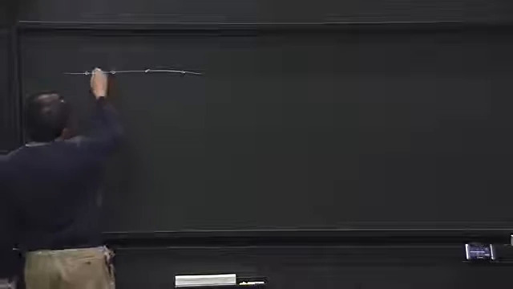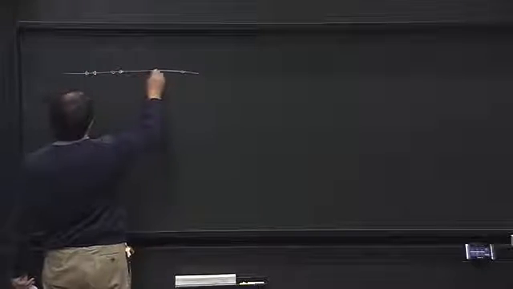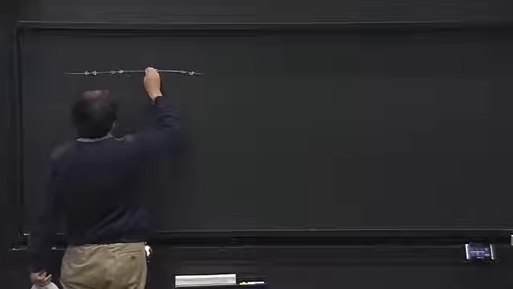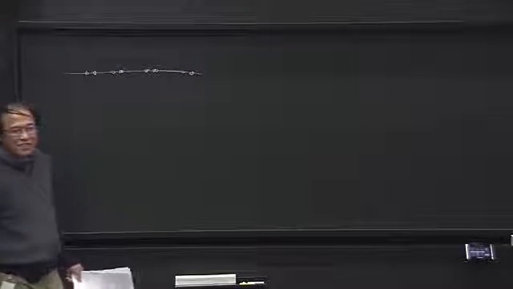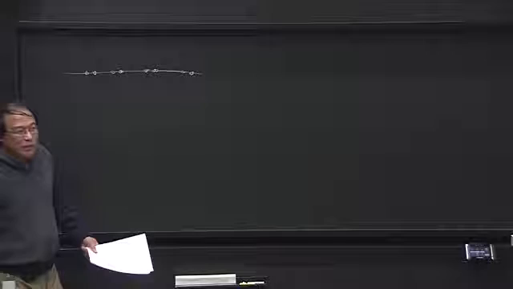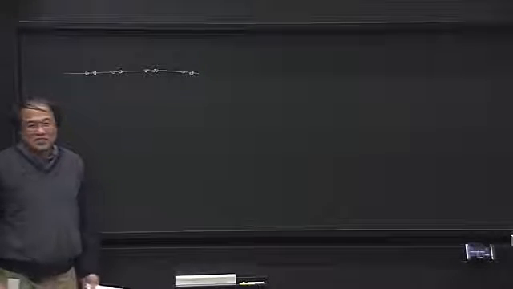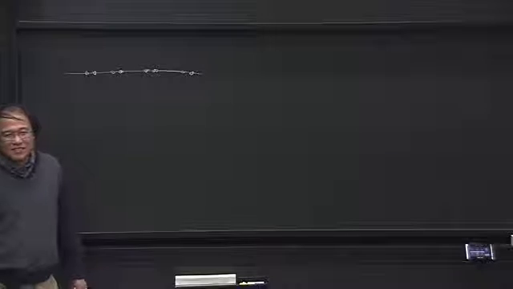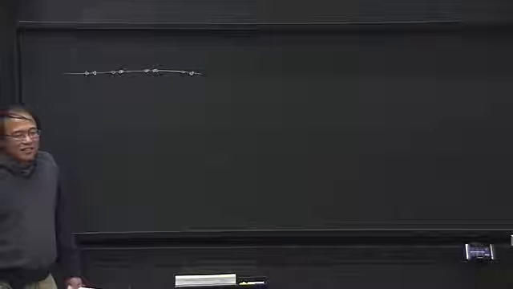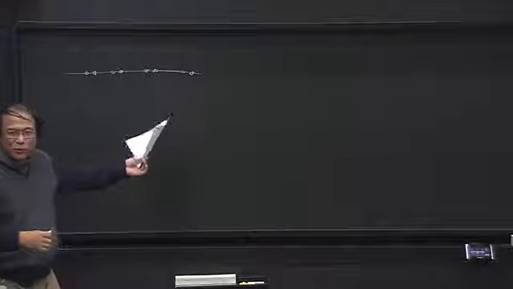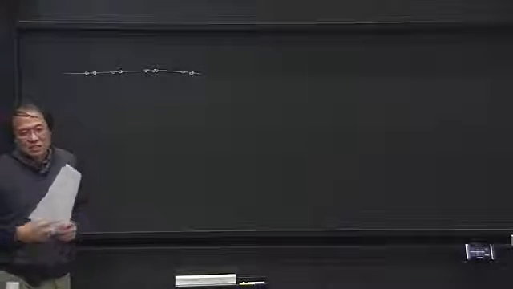There could be a situation like this, where you have two sites per unit cell. Or in general, you can have n sites per unit cell. That's much more complicated hopping. So we'll come to that point: when you have multiple sites per unit cell, what happens?